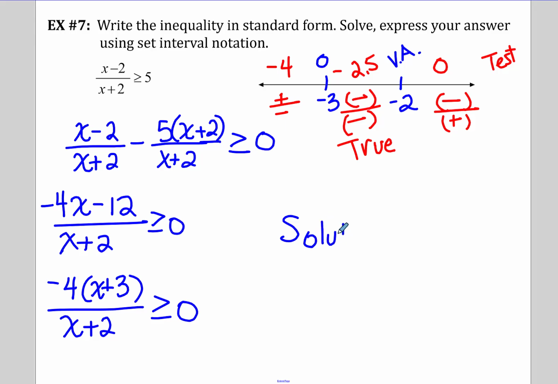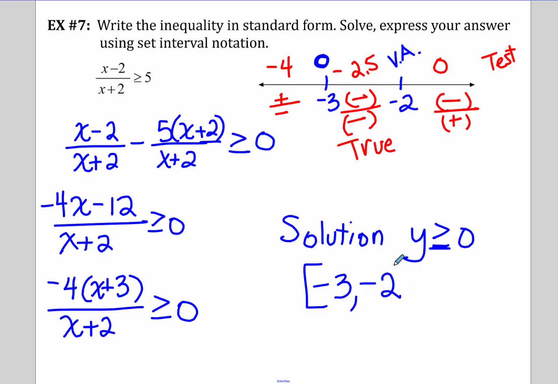So our solution set, remember we're wanting y's greater than or equal to 0, so it can include the zeros. This one's a 0. This one's a vertical asymptote. So we can include negative 3, but we cannot include an infinite discontinuity. This is going to be our solution.